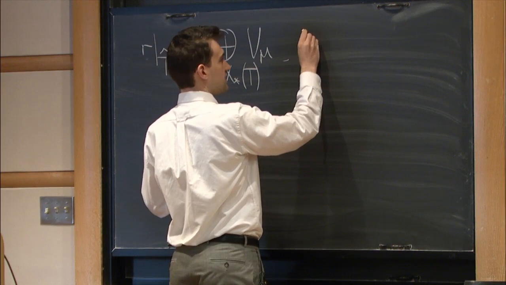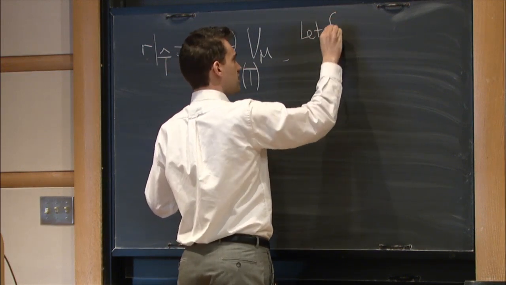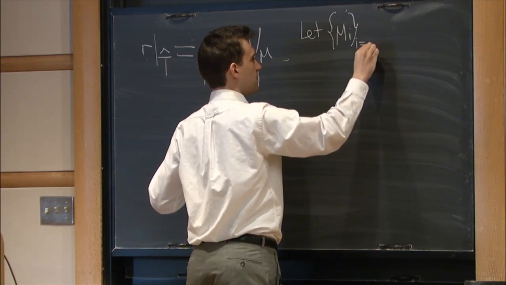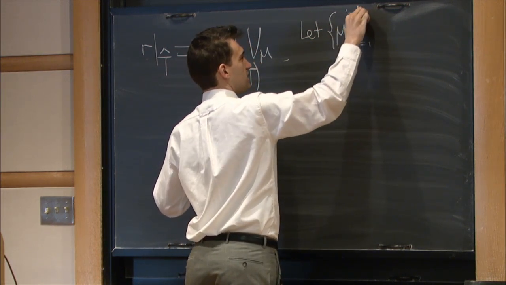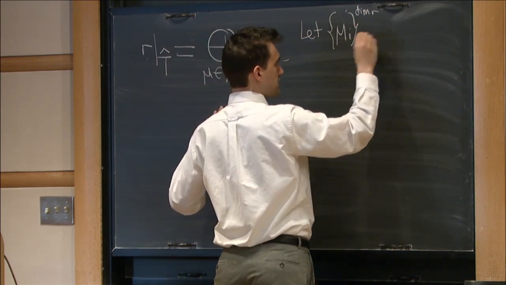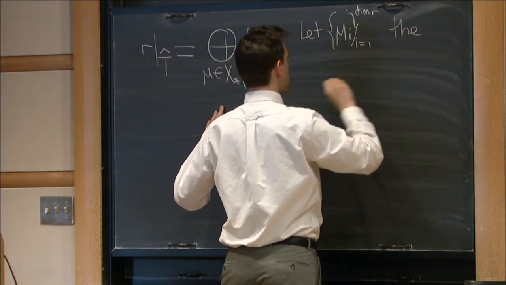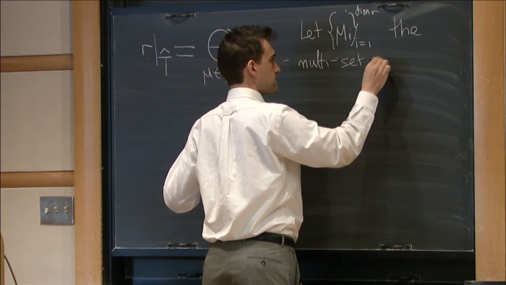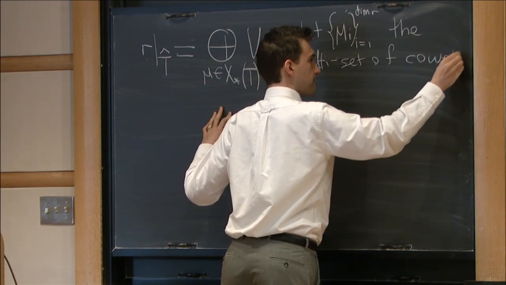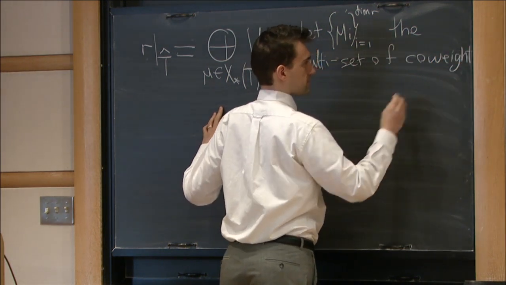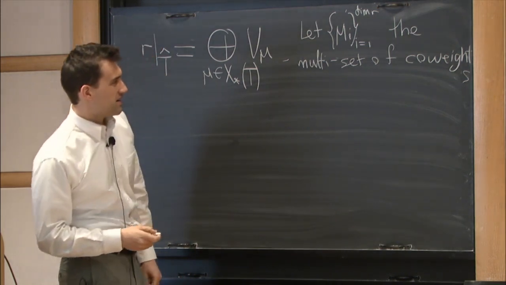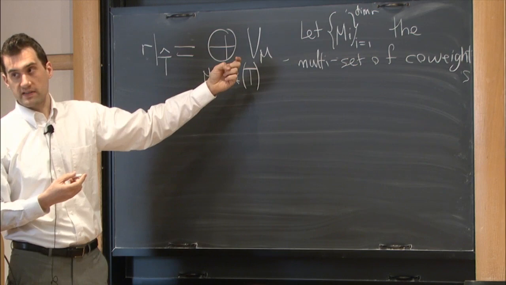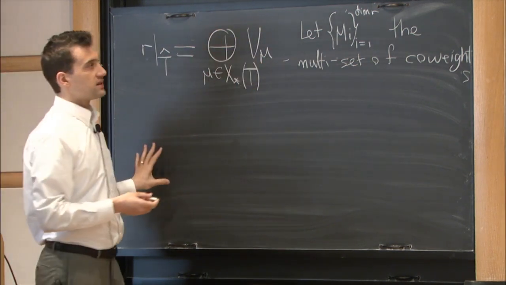And I'll let curly braces mu i, i equals 1 to dimension of R, be the multiset of co-weights. So it's just the set of characters that are actually appearing in this decomposition with their multiplicities.